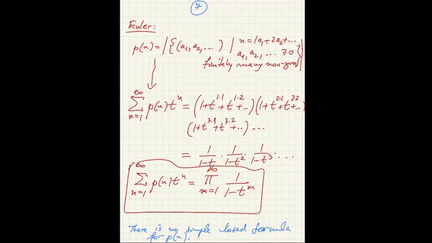I'll give you in a second one application of this fact about generating functions. But studying Pn is a serious matter.